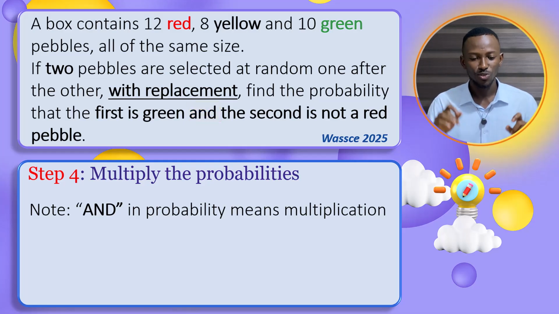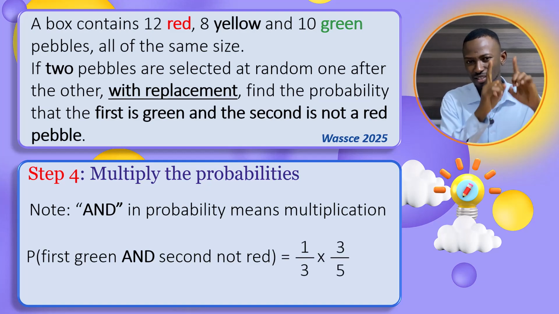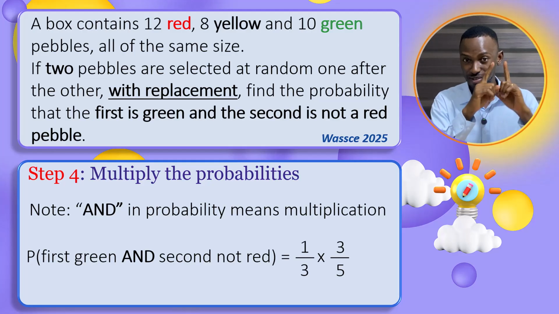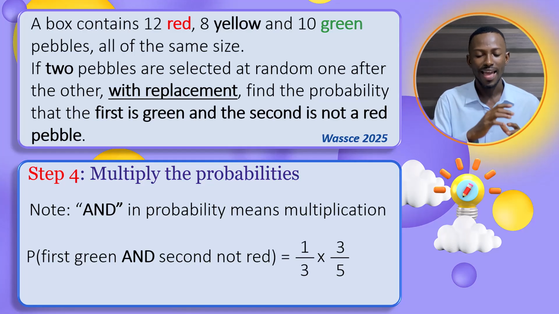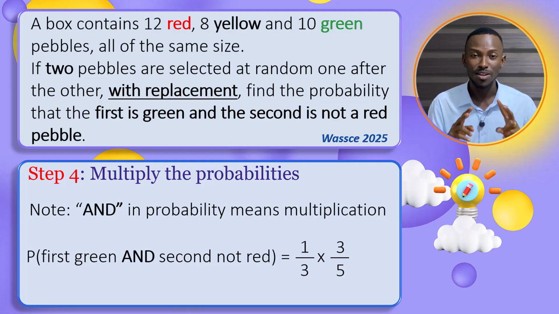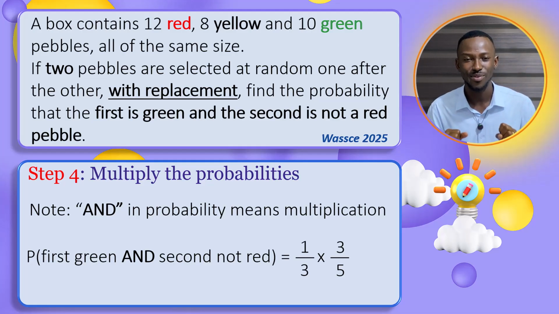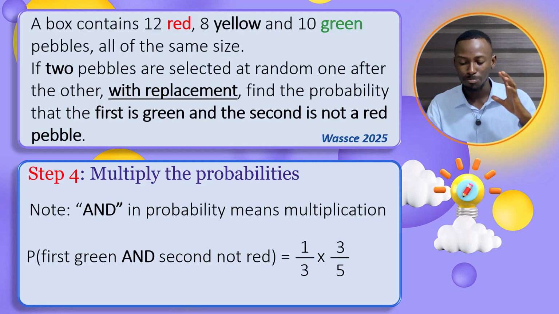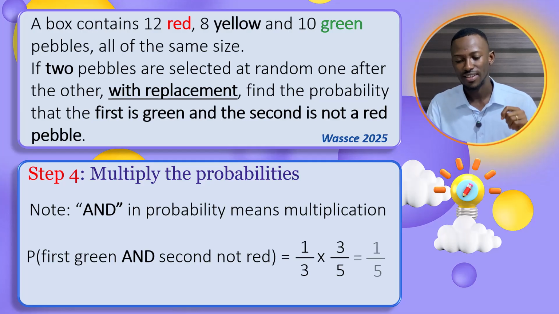And so with that cleared out, what that means is we have to find the probability that the first is green. We've already calculated that to be 1 on 3. And the second is not red, which is 3 on 5. The "and" means we'll multiply the two probabilities. 1 on 3 times 3 on 5 gives us 1 on 5.